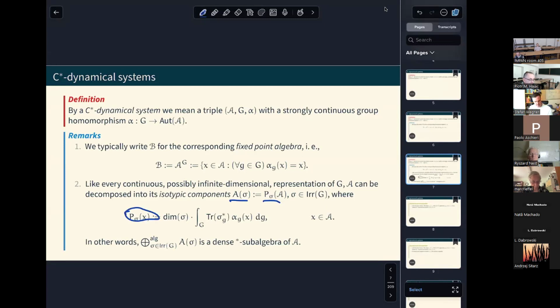These are the spaces I usually look at. And why is that interesting? Well, the direct sum is a dense star subalgebra of A. So in this compact group setting, you can reduce problems to these isotypic components, or you can use the isotypic components as building blocks. This is something I'm going to use heavily.